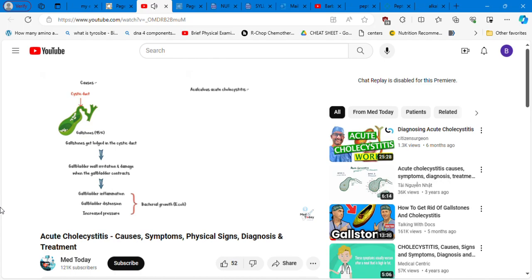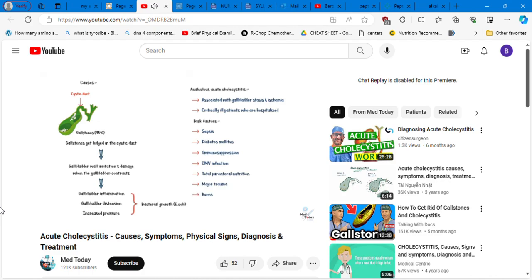This condition is called acalculous acute cholecystitis and is associated with gallbladder stasis and ischemia. It is mainly seen in critically ill patients who are hospitalized and on prolonged immobilization. Risk factors for developing this condition include sepsis, diabetes mellitus, immune suppression, cytomegalovirus infection, total parenteral nutrition, major trauma, and burns.